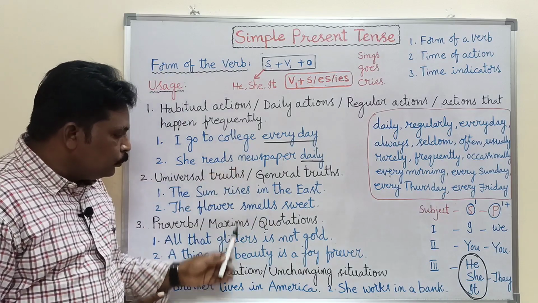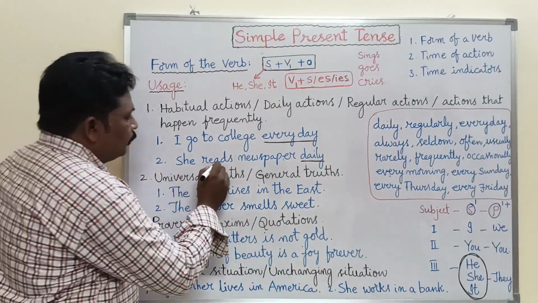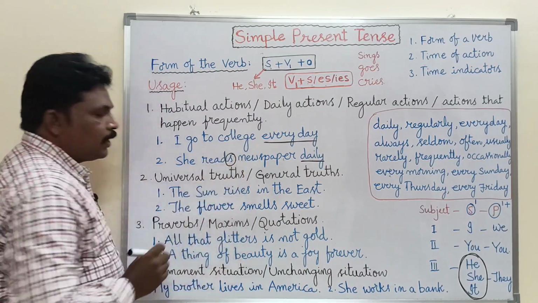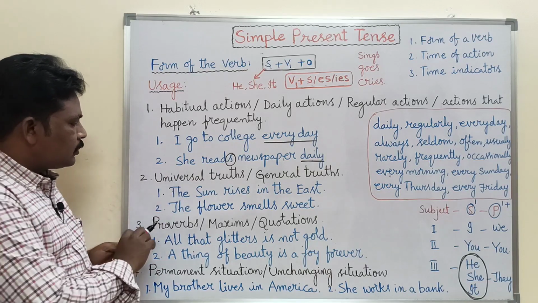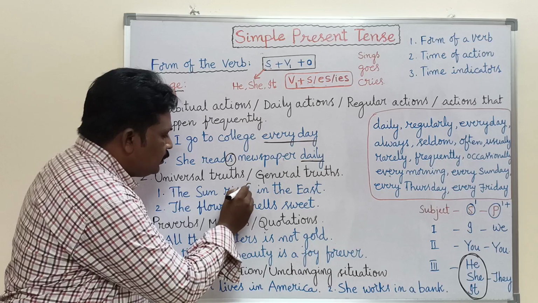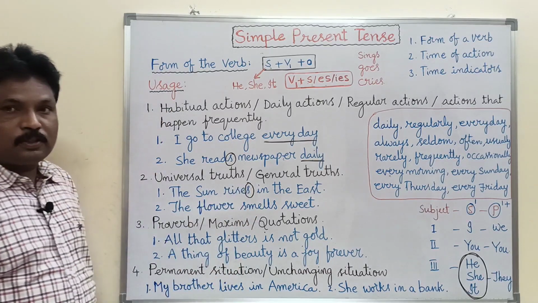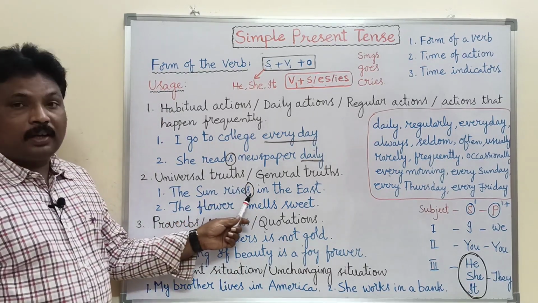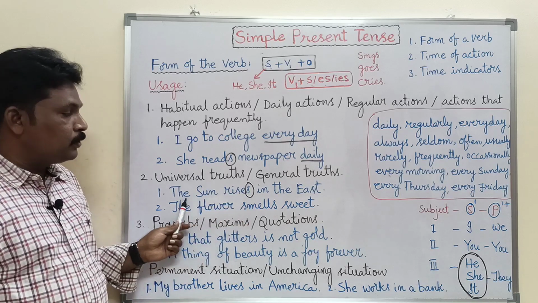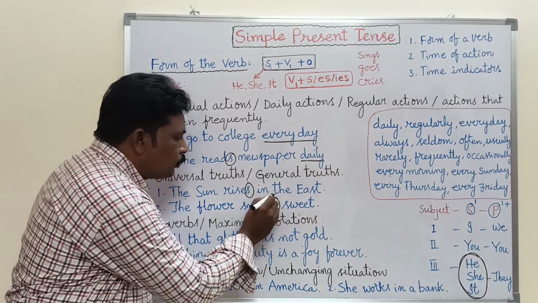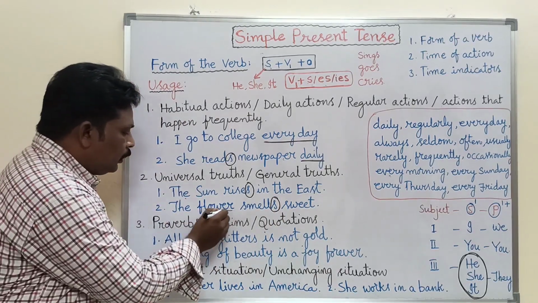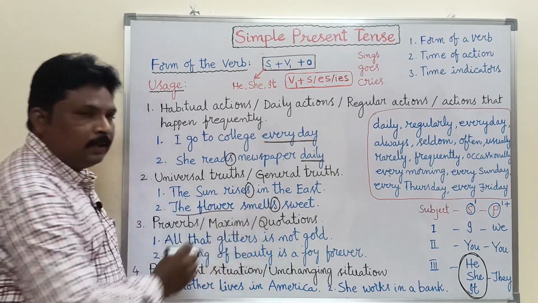Whatever the usage it is, look at this. In the first one, "reads" I have written. Why? Because the subject is in third person singular. Even in the second rule also, the sun rises, I have written "rises" instead of "rise", because the subject is in third person singular. And the flower smells, this is also third person singular, so we have added s.